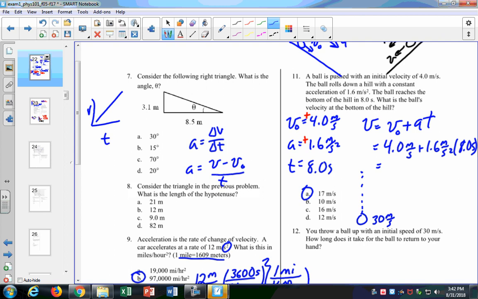It's not your life. It's important for you to work hard and do your best, which is an A. Okay?